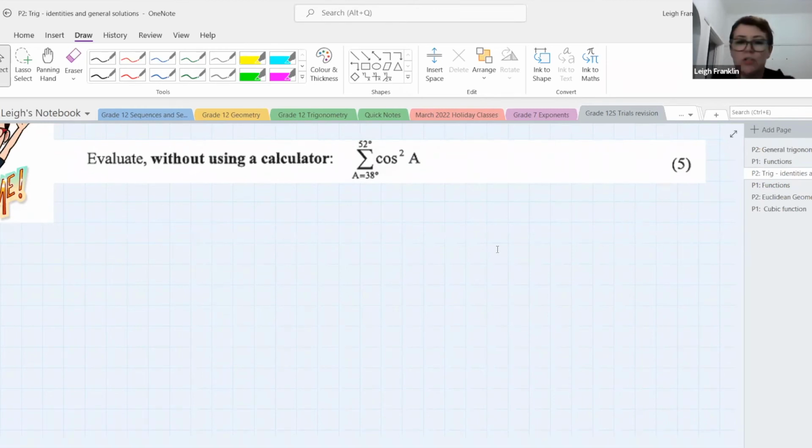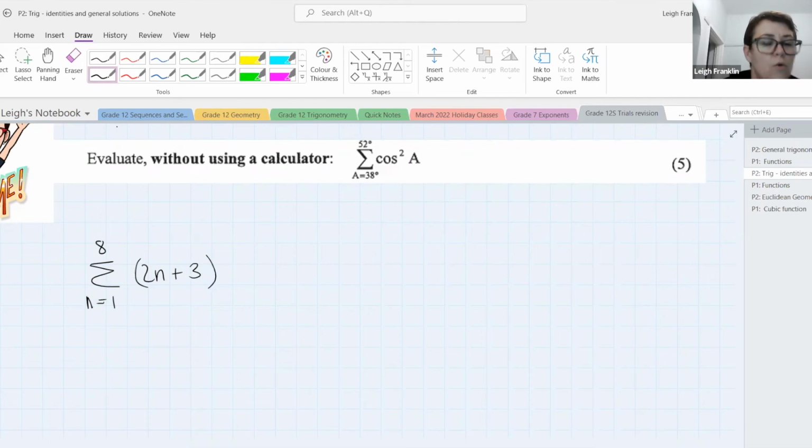If we've got a situation like this where we've got the sigma symbol and we've got a number at the bottom, like n equals 1, and then we've got a number at the top, so let's pretend the number is 8, and then over here you've got a rule like 2n plus 3. What are they asking us to do? What does the number at the bottom represent?